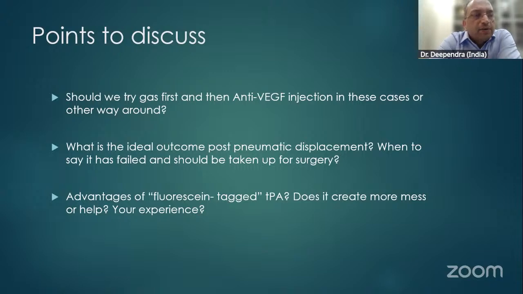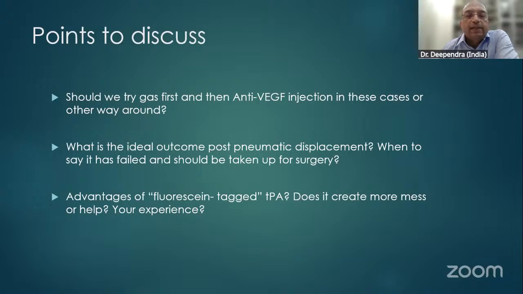A couple of studies did it on fundus photographs, but it would be very interesting to compare the amount of displacement between two groups, with or without TPA or maybe subretinal TPA, so that you get an idea of which treatment is more effective. But practically speaking, if your fovea is off blood, your job is done. The end point of your displacement is your fovea getting rid of blood.